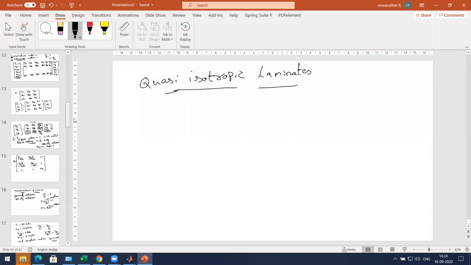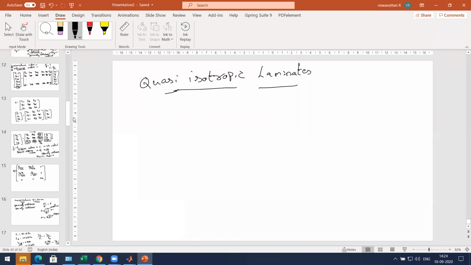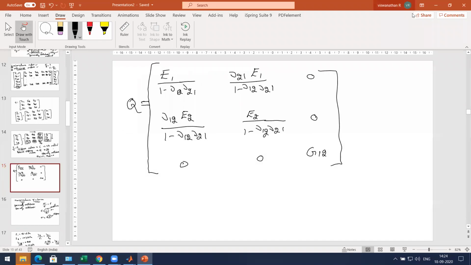Okay, so to understand this, we have to look at a few things which we have discussed previously. For example, this is a reduced stiffness matrix.